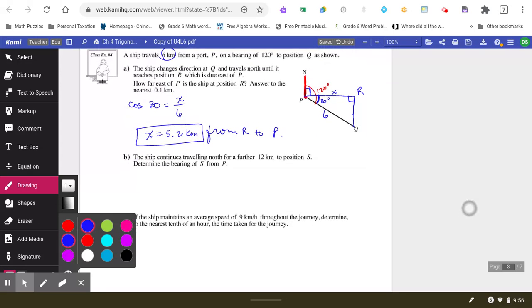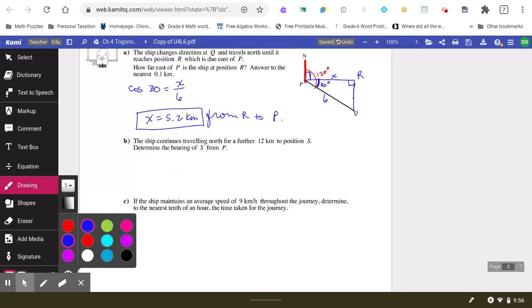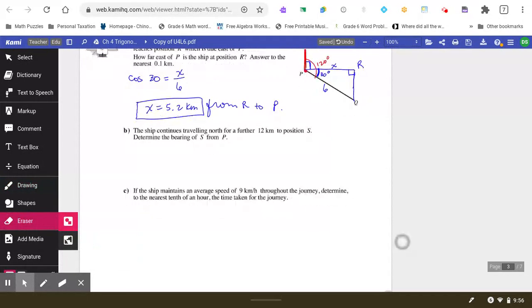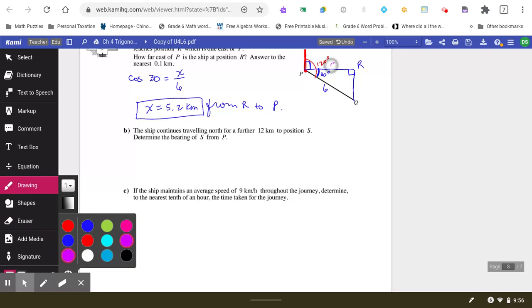Now let's go on. The ship continues traveling north for a further 12 kilometers. I'm going to put this in here first. I'm going to erase the x now and put 5.2. Let's go back.